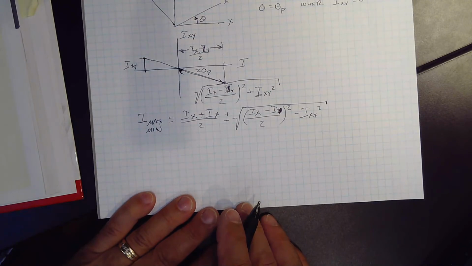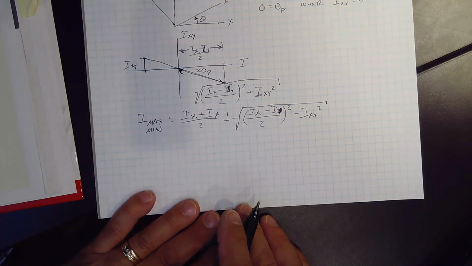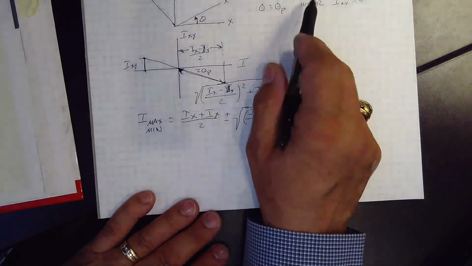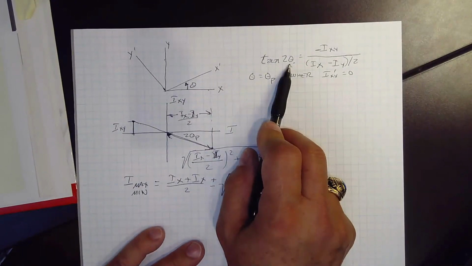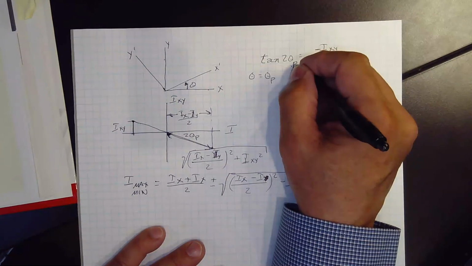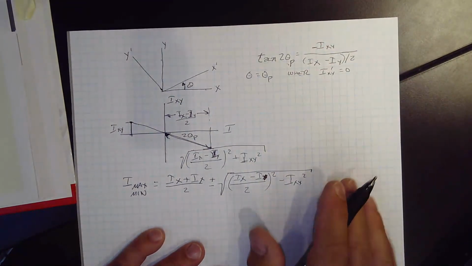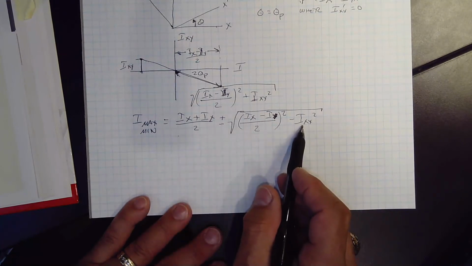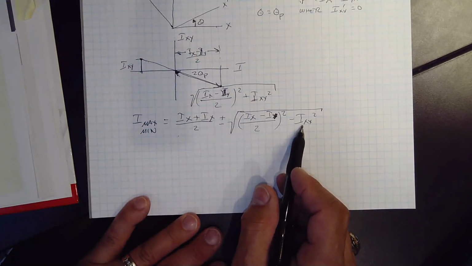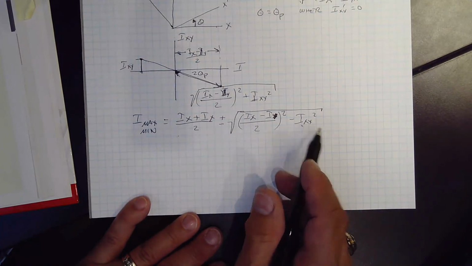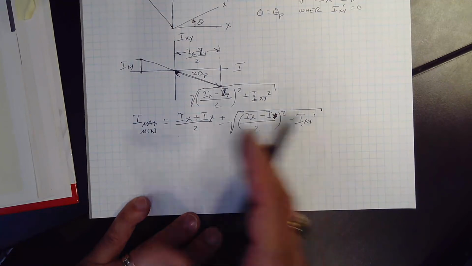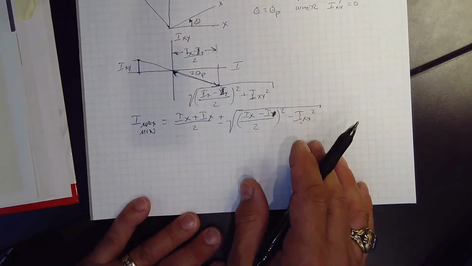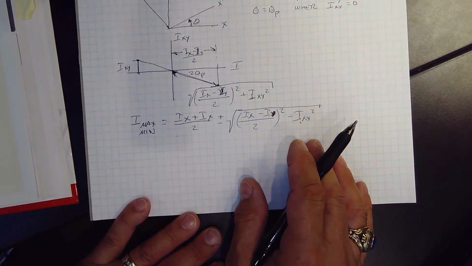So now we know how to find the angle to the principal axes, theta p. If we can find the angle to the principal axes, we can find the magnitude of the principal axes, max and min, and now we can calculate our moments. Again, we can use that to calculate our stresses and strains and moments.